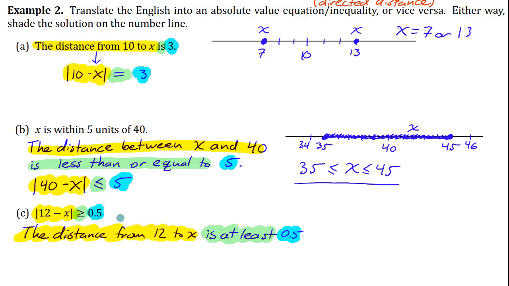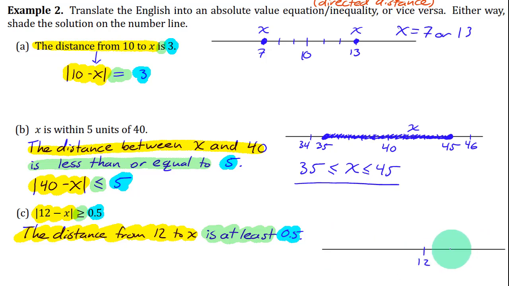All right, so what can we do with this? Well, once you see this written as an English sentence, we could describe what x makes that work. So we're saying the distance from 12 to x is at least 0.5. So let's look at where 12 is here.